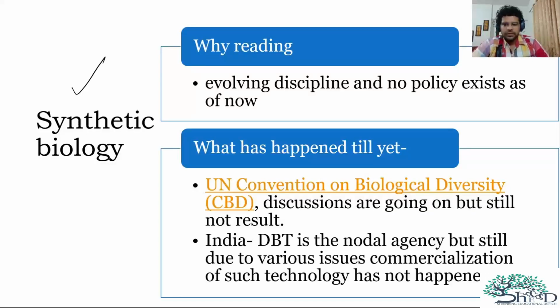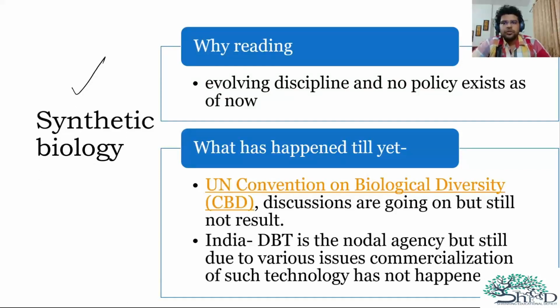Next, coming to an important keyword, synthetic biology. Now, why are we reading this? Because it is an evolving discipline. It's something which is coming, or it is new, and UPSC has a habit of asking things that are new or upcoming, right?